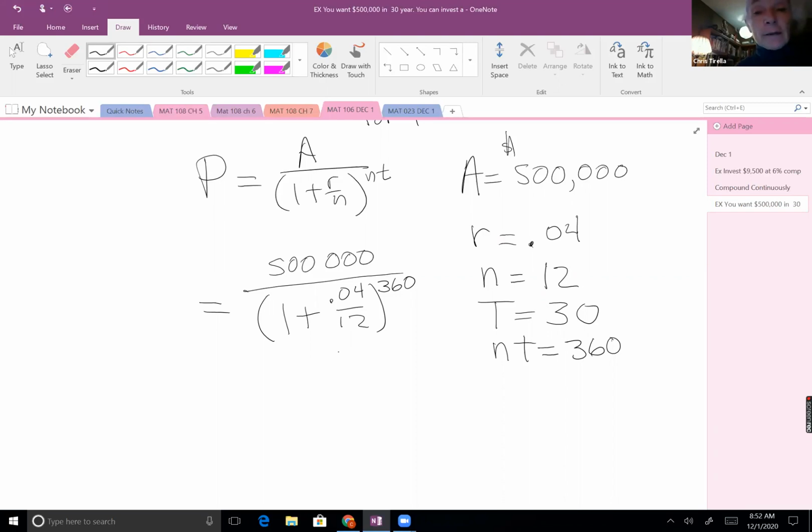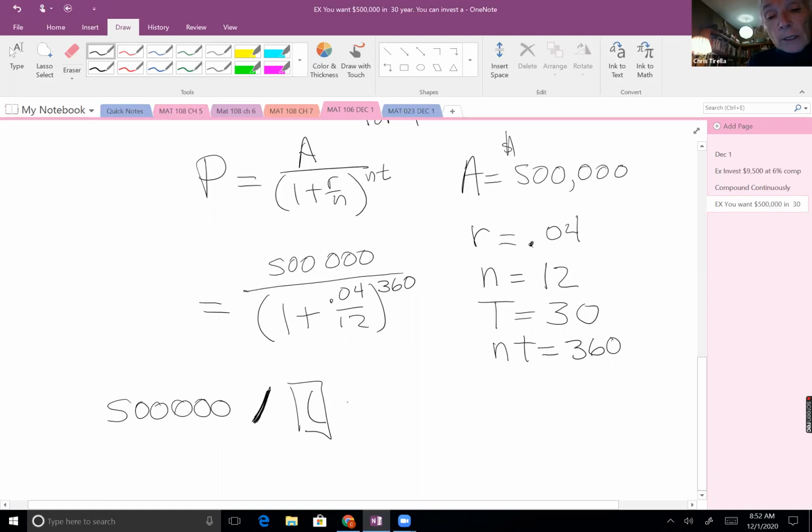But the calculator will do that for us. We're going to type that in just as it looks. We type the $500,000, then the division symbol, which will end up looking like a slash. Then we open the parentheses, 1 plus 0.04 divided by 12. Then we close the parentheses and raise it to the 360th power.